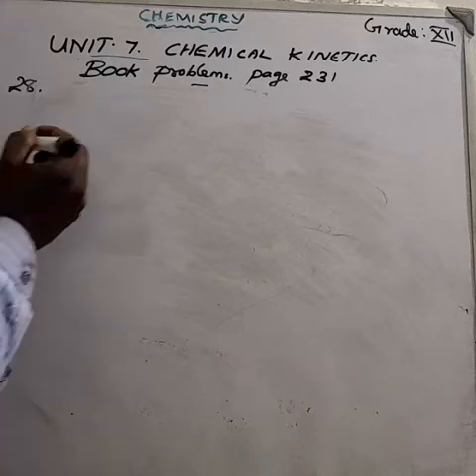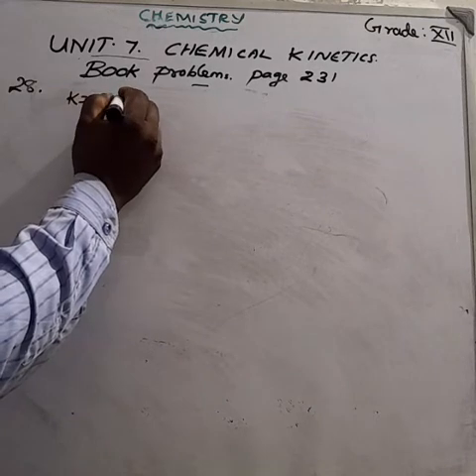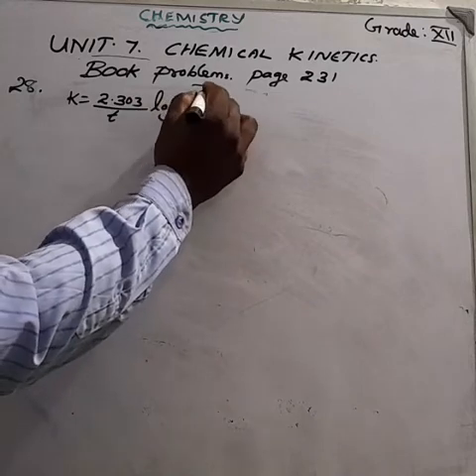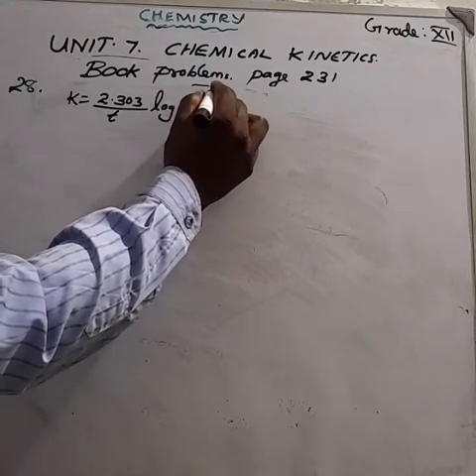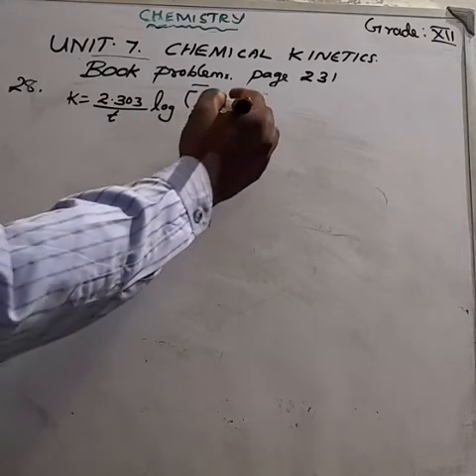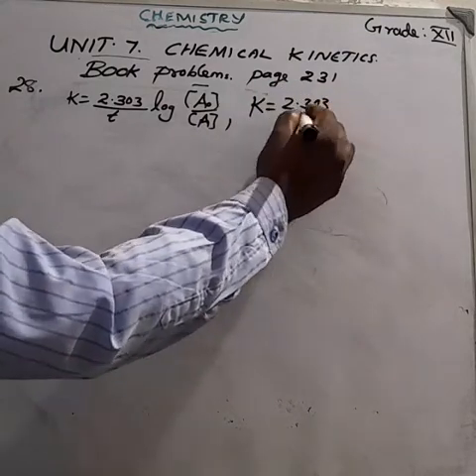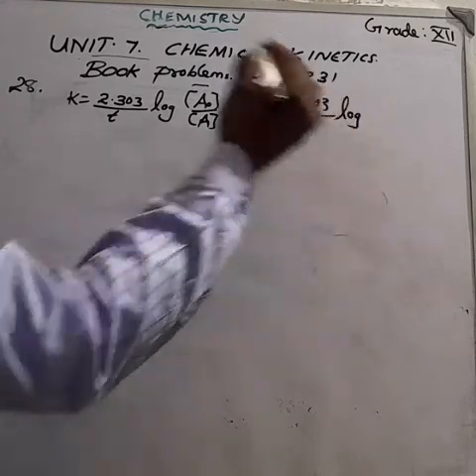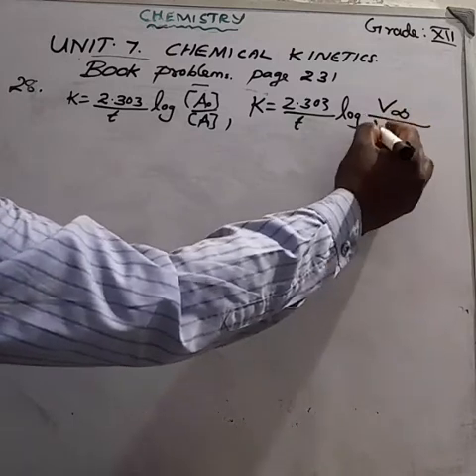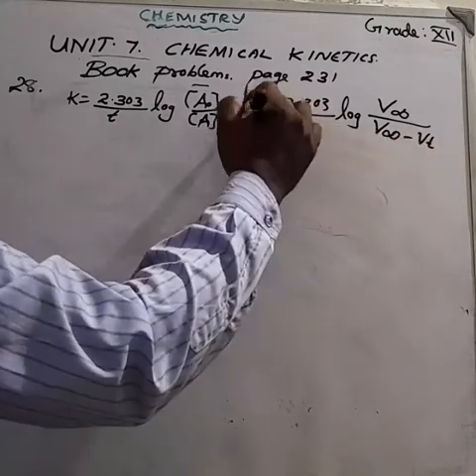For the first order reaction, K is equal to 2.303 divided by T, log A naught by A. This can be written as K is equal to 2.303 by T log V infinity divided by V infinity minus Vt.